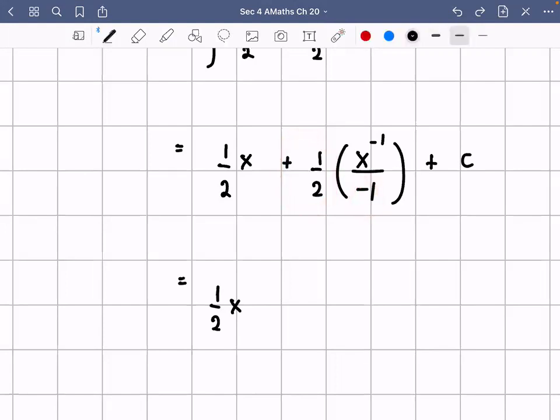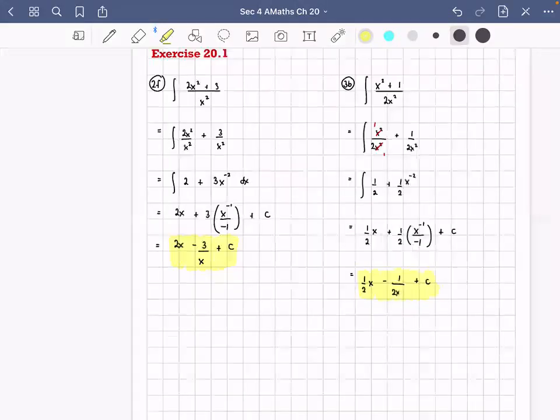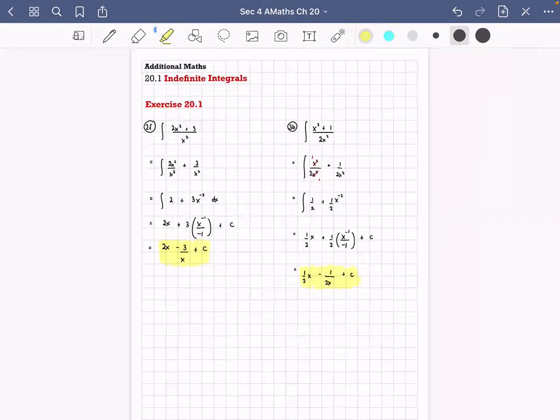So negative 1 half, and since this is x raised to negative 1, let's remove this and make it 1 over 2x, and then plus c. So this is your final answer. So 2f and 3b.